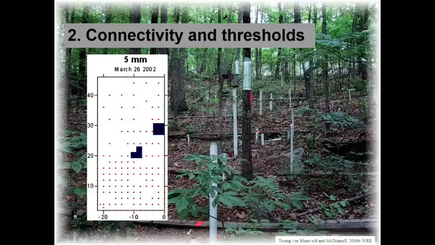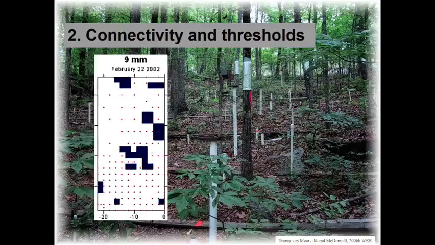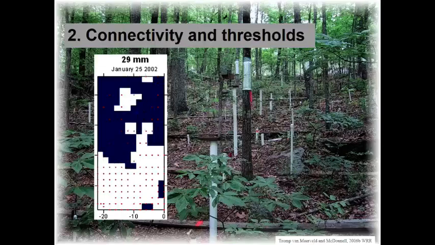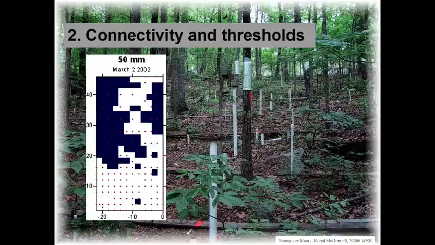The key thing to remember is that lateral flow in the subsurface is really driven by these connected patches of saturation. For small events, these are rainfall events, 9 millimeters, 16 millimeters, we get patches of saturation, but they don't coalesce, they don't connect up. Here's a bigger event. These are all separate rain events, 29 millimeters, 50 millimeters.